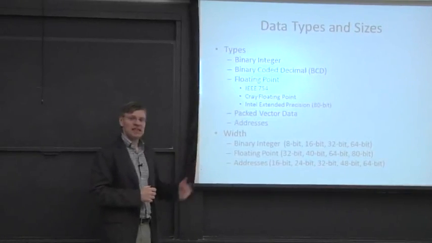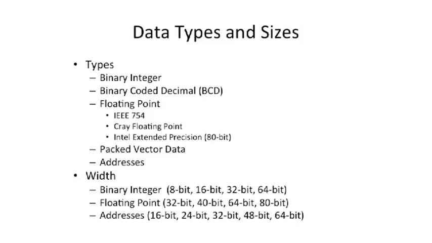And then you can think about data types and their sizes. So what do I mean by data types? Well, you can have binary integer. You could think about having different types of integer data. You could think about having unary encoded, binary encoded.